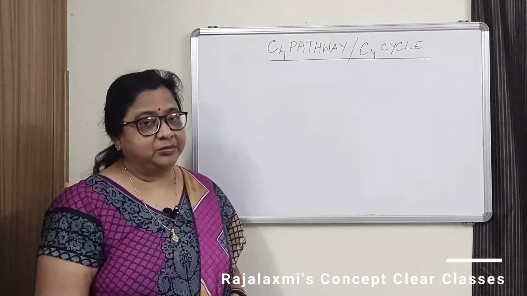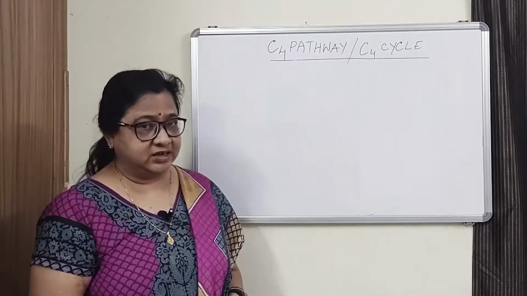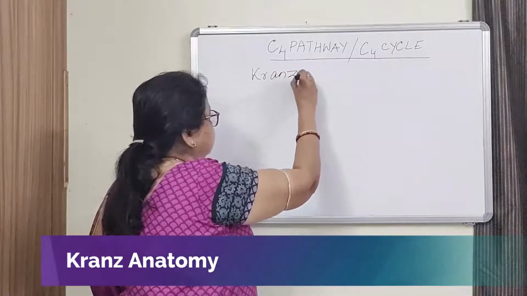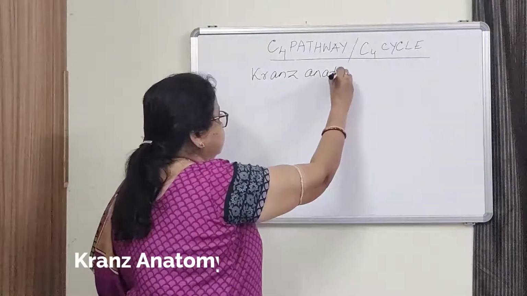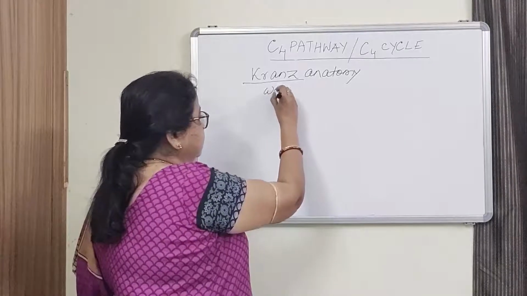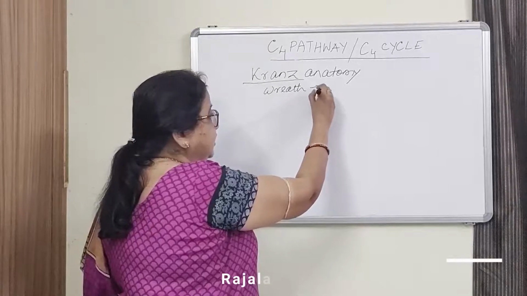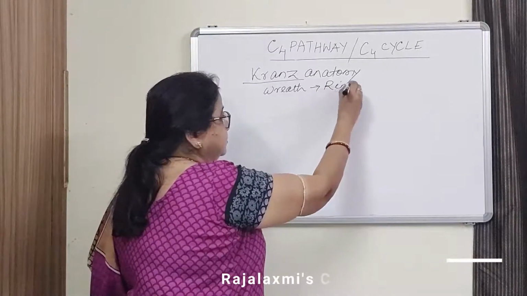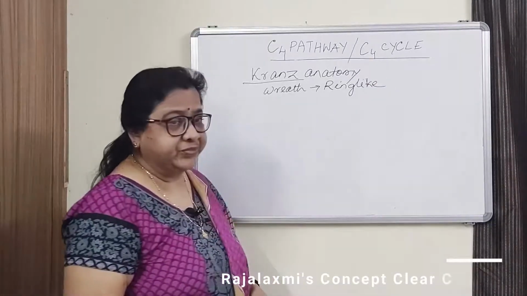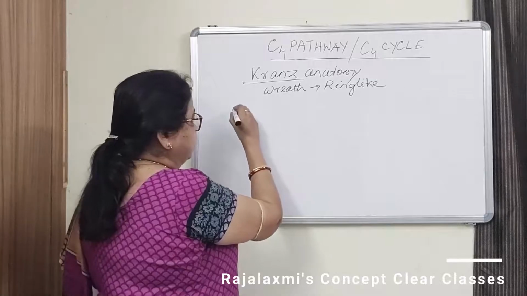C4 plants have a special type of leaf anatomy called Kranz anatomy. Kranz means wreath or ring like arrangement. First, we shall draw the Kranz anatomy.